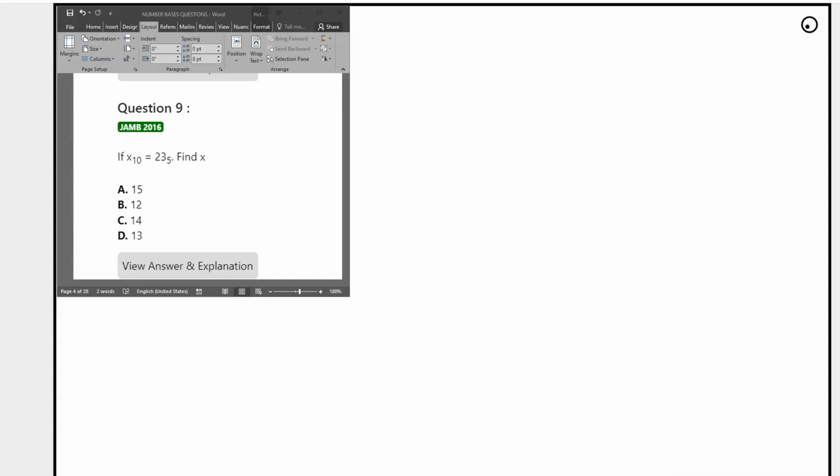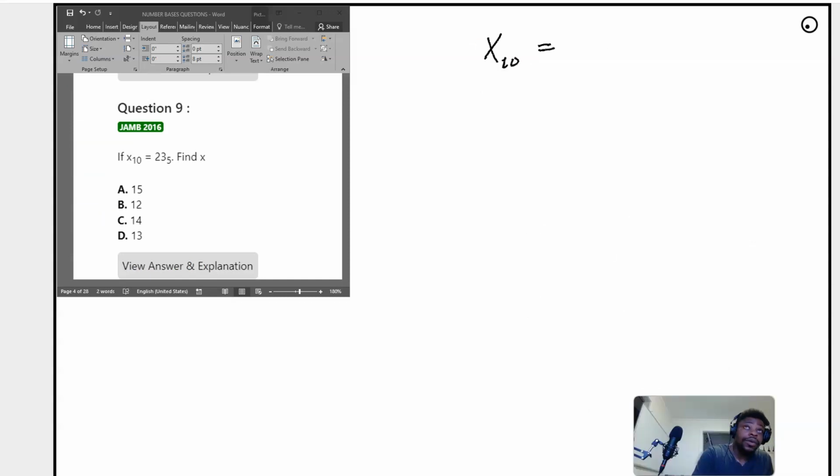Now let's continue. So we have x base 10 is equal to 23 base 5. We're asked to find x. Okay, this is already in base 10, so that is good. Now let's put this one also in base 10, so we can have the same base on each side of the equation.